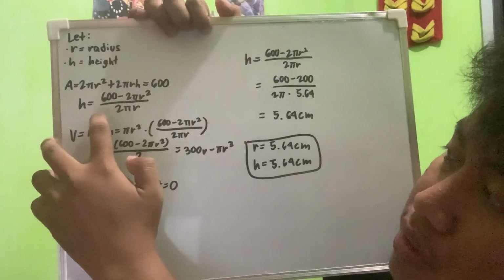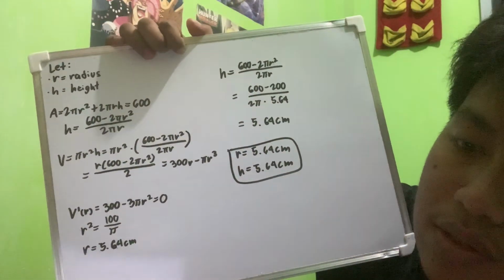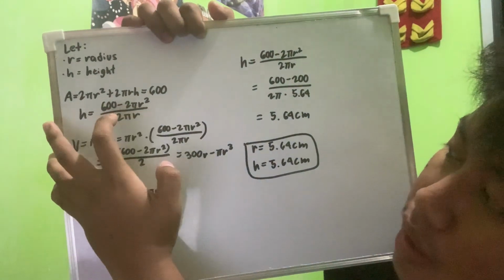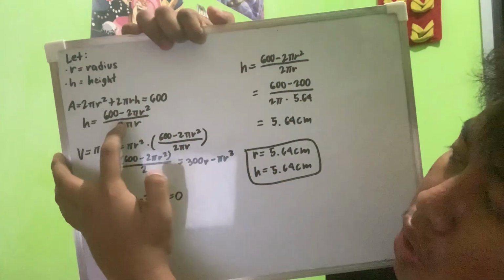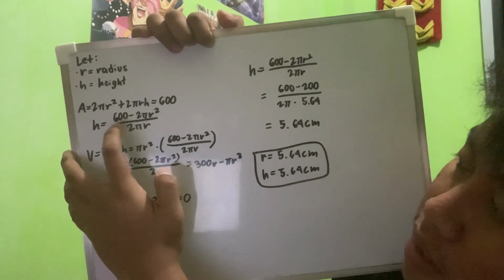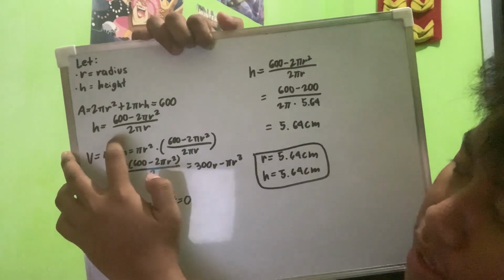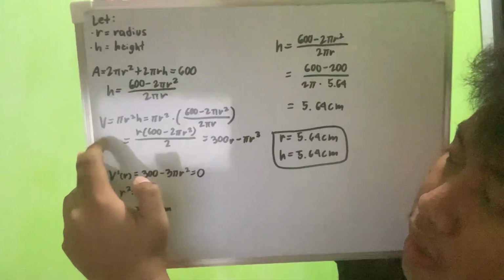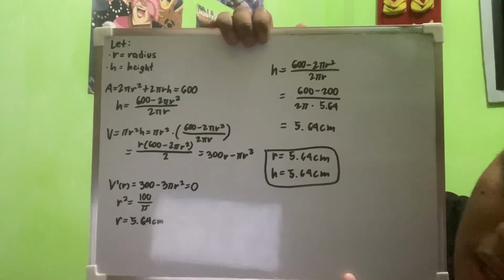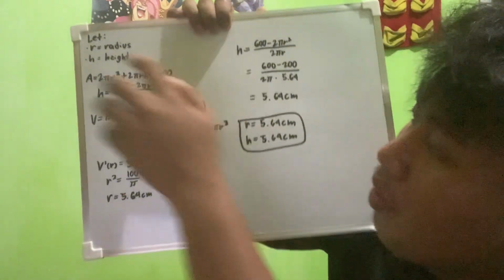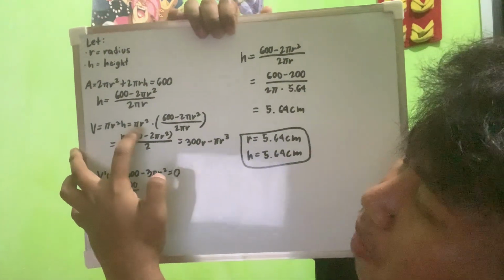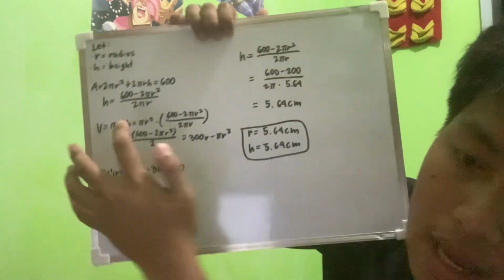So h equals A minus 2 pi r squared over 2 pi r. We know that the area A is 600, so we have the h. Now we're going to the volume. The volume V equals pi r squared times h.